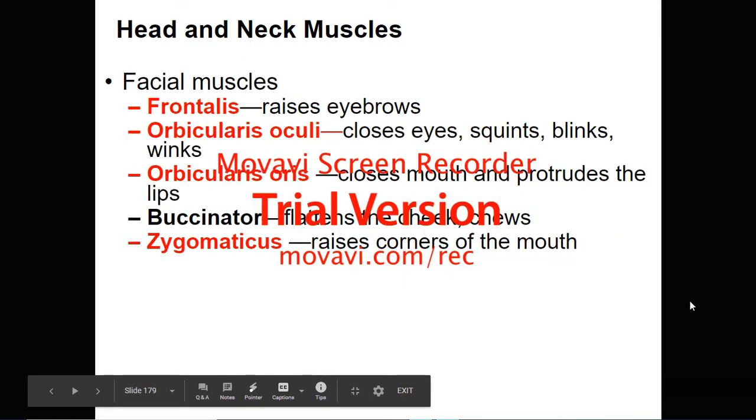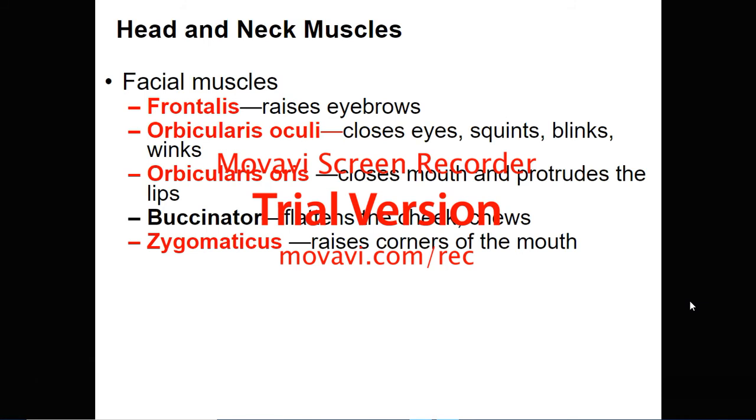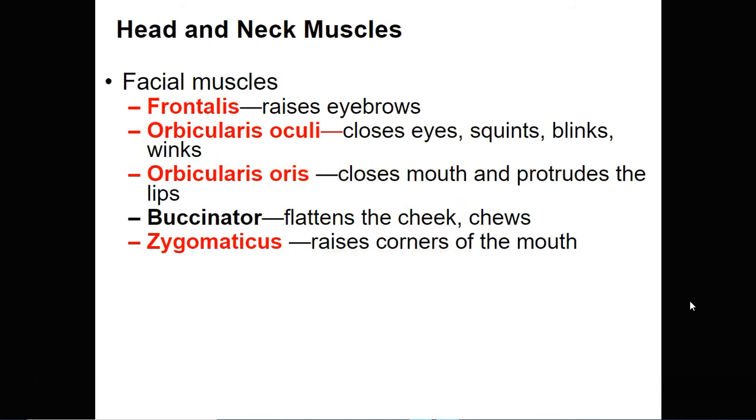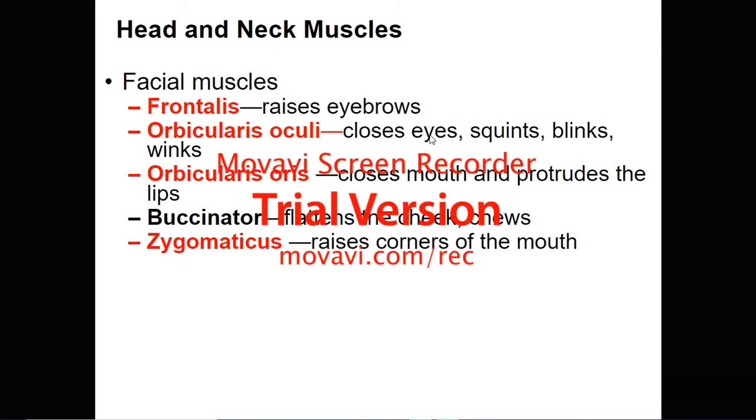All right, so now we're going to talk about some specific muscles, and remember, anything in red is important. Frontalis is a facial muscle that raises the eyebrows. Orbicularis oculi, a circular muscle, closes the eyes, blinks, winks.